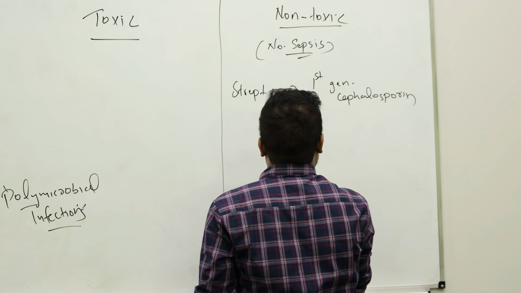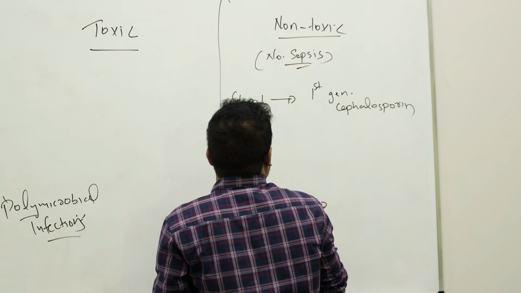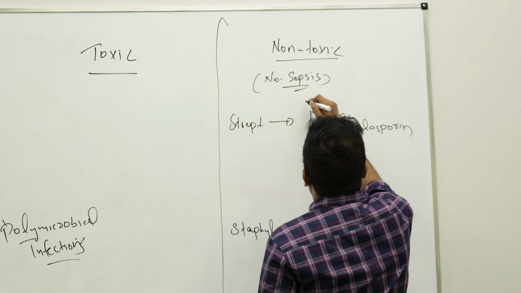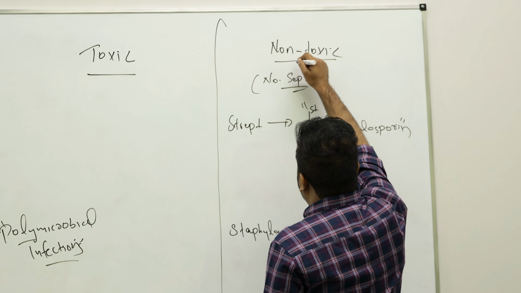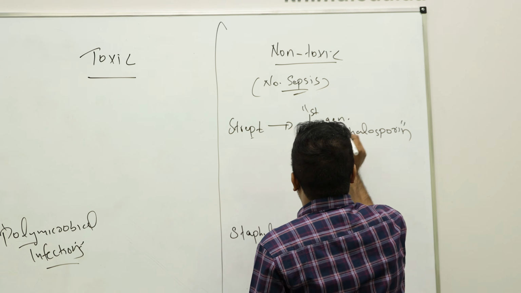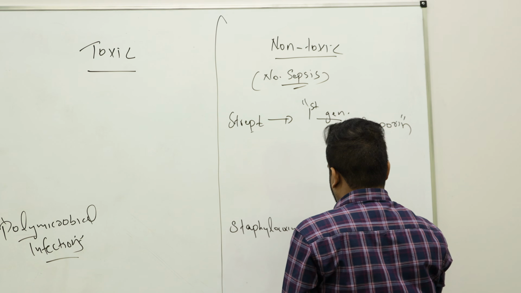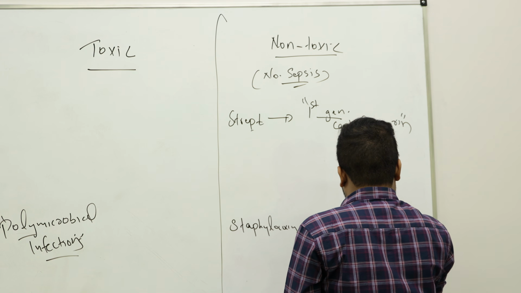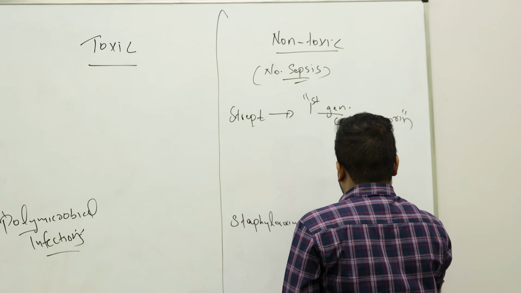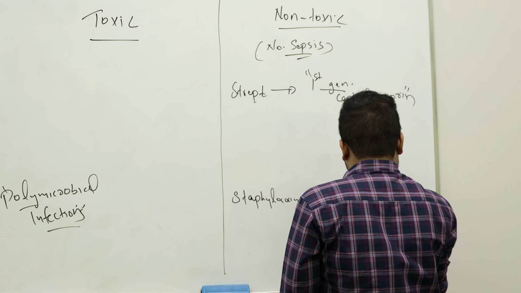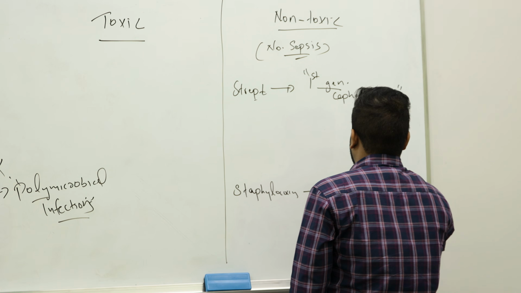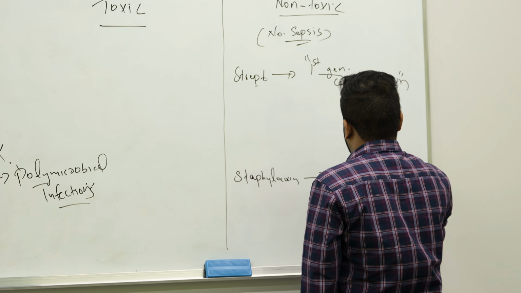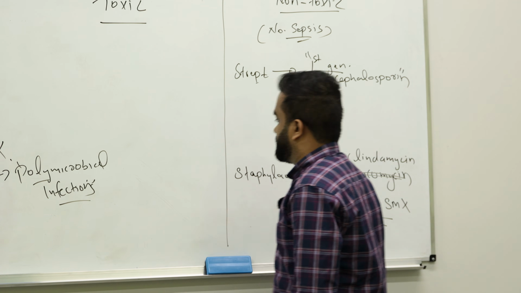And for staphylococcus, I'm sorry. So non-toxic, for streptococcus we give what? First generation cephalosporin. For staphylococcus, TMP-SMX as well as clindamycin. Not vancomycin, you can give clindamycin here for non-toxic, for anaerobic coverage, right?